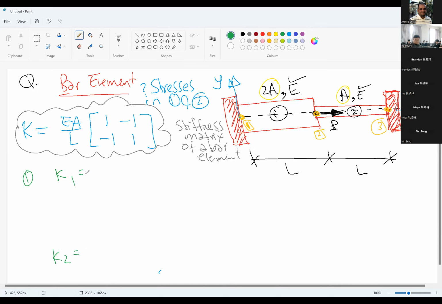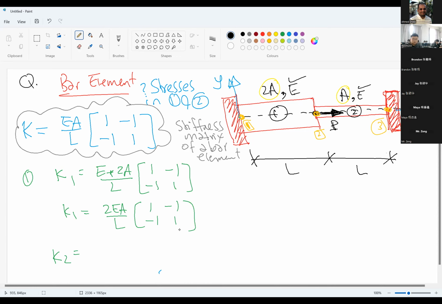How can we construct the stiffness matrix for member one? For member one, you just substitute here. E is E and times 2A divided by L times [1, -1; -1, 1]. So this is equation number one. So K1 equals 2EA divided by L times [1, -1; -1, 1].